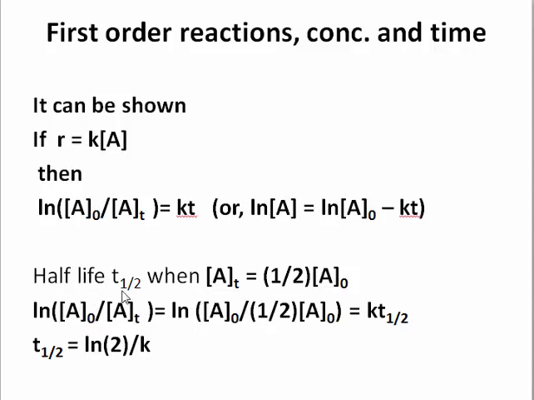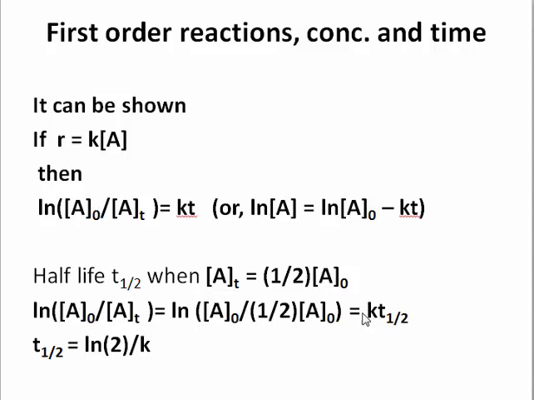Now, in a first order reaction, the half-life T sub 1/2 is when concentration At is half A0, or when half the starting material has been used up. The natural log of A0 over At would be the natural log of A0 divided by 1/2 A0, and that equals K times the half-life time T 1/2.